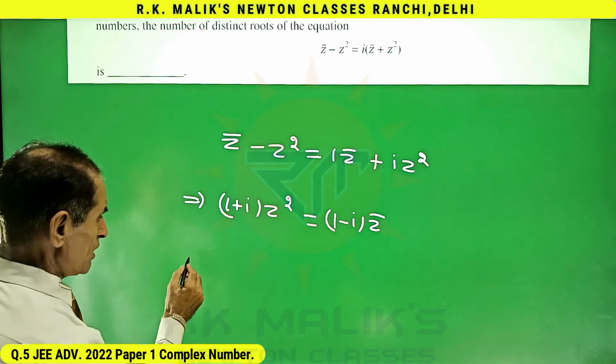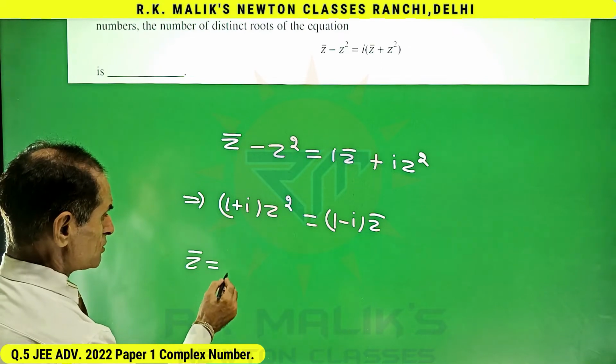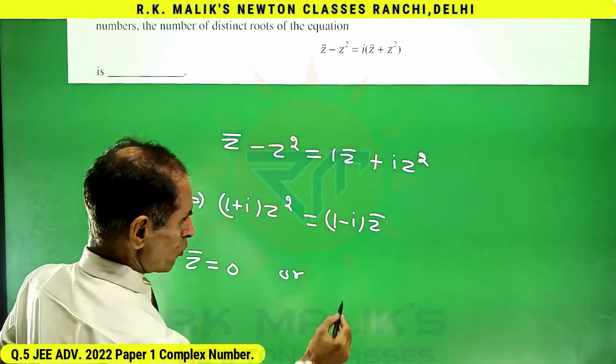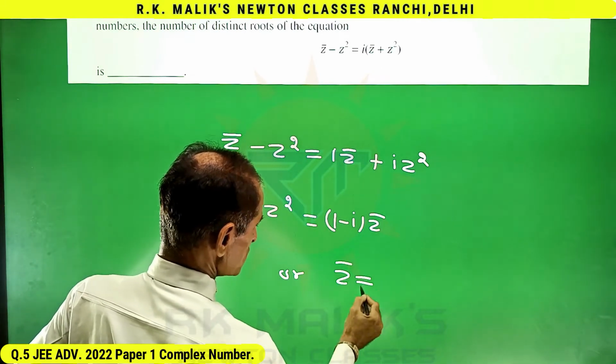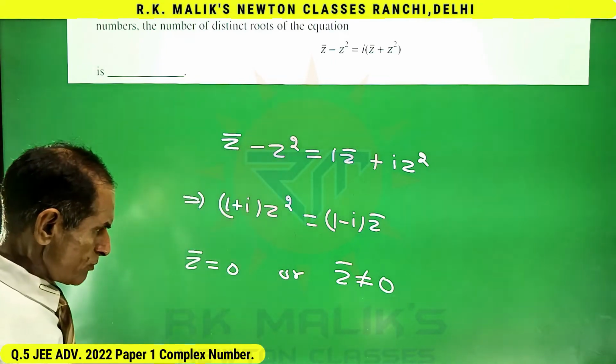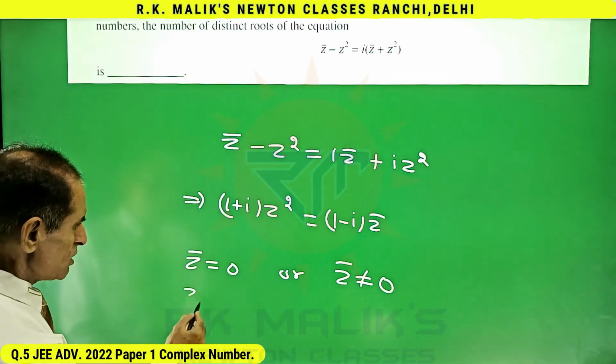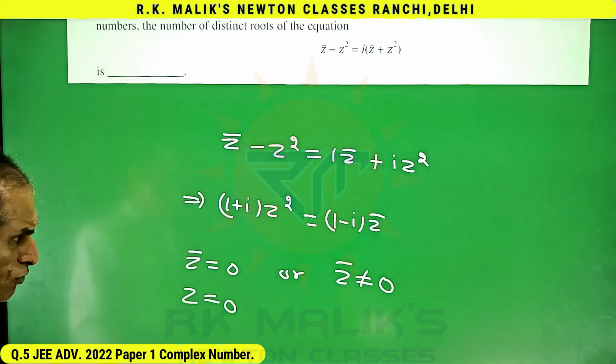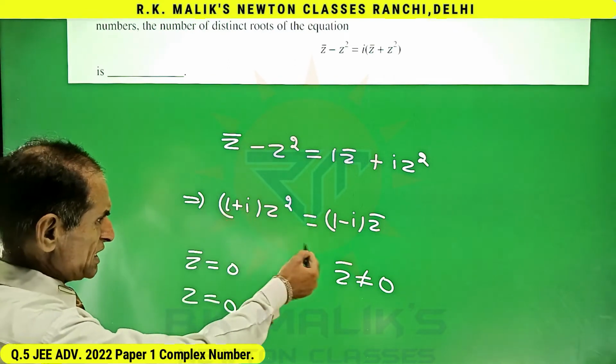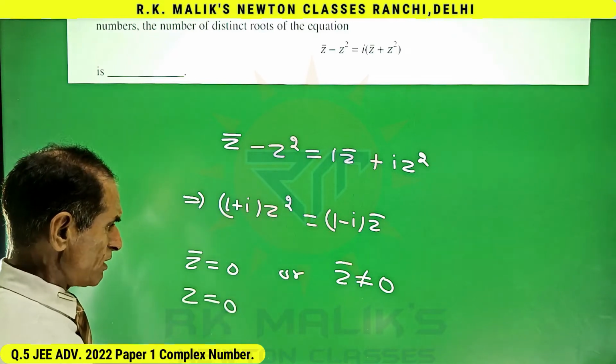But because z bar can be 0 also, therefore we will be proceeding further with two possibilities. Either z bar is 0 or z bar is non-zero. If z bar is 0, then z will also be 0, and in this case this equality will be satisfied.